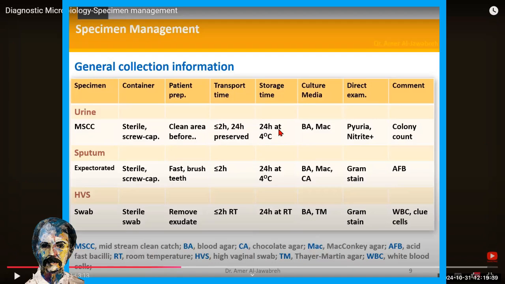And what is the parasite mainly found in the genitourinary tract? It's Trichomonas. We'll talk about this in the parasitology course. Trichomonas vaginalis. I will show you how it moves. It's like a white blood cell, but it moves very fast because it has a tuft of flagella.